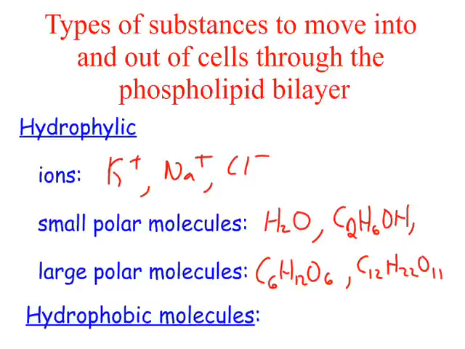And then we have our hydrophobic, our non-polar molecules like oil. But they can also be small. So we consider oxygen as being a non-polar molecule. CO2, nitrogen in the air, other larger molecules such as steroids and things like that that we might need to move into and out of the cell would be hydrophobic due to the non-polar nature of their molecules.